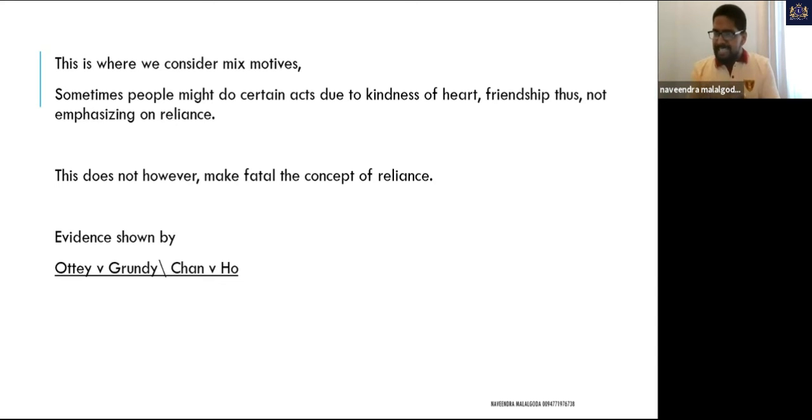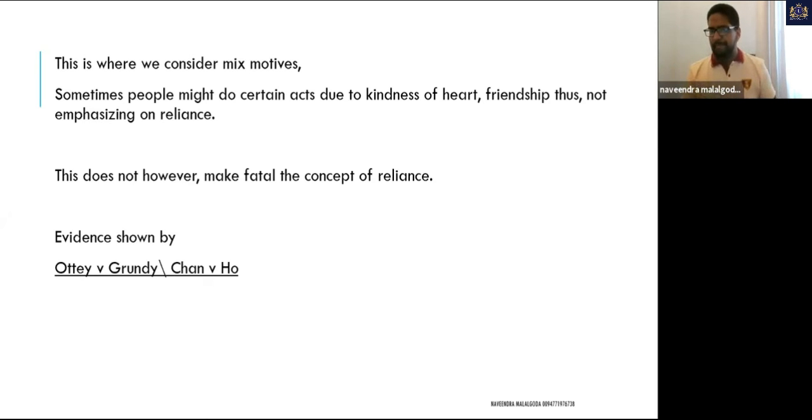So when the old lady died and did not leave anything in her will to this gardener, the gardener wanted to raise an estoppel. Now, in this case of Jennings versus Rice, there was clear understanding that all the actions done by the gardener were in reliance on the assurances made.